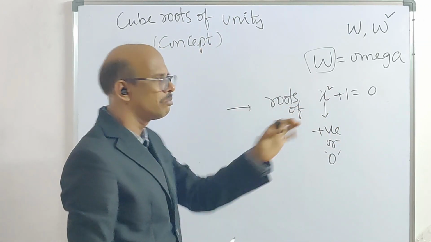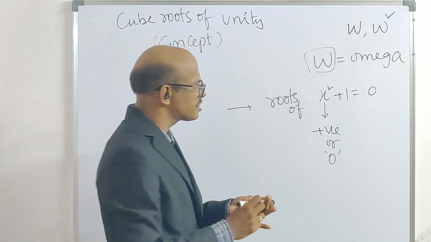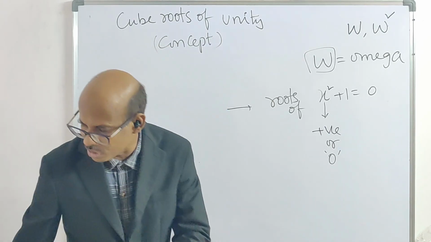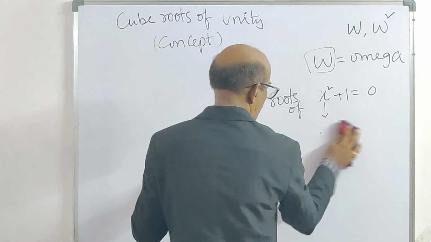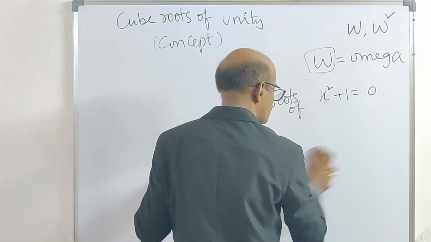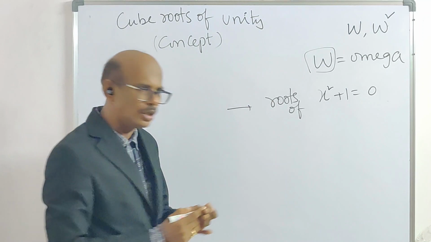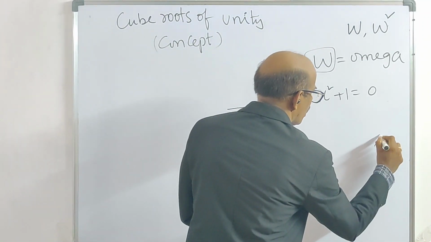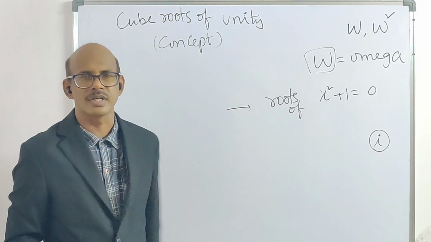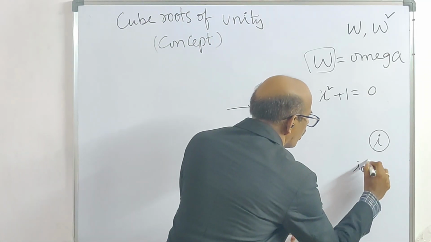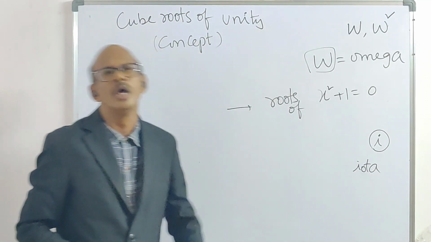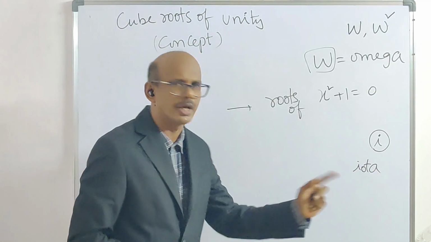So in the real number system, there is no solution. That's why the great Euler invented another imaginary number, the letter i, called iota, the imaginary unit: not positive, not negative, not 0.